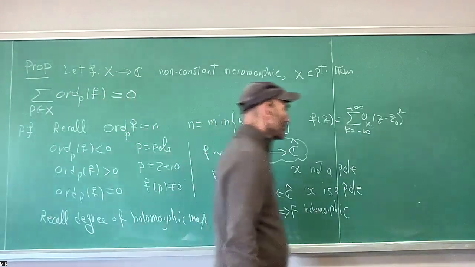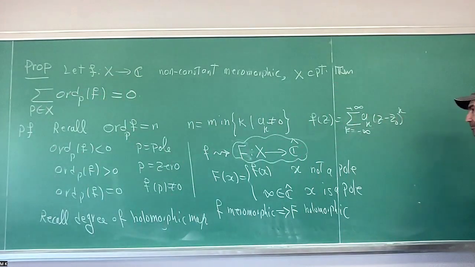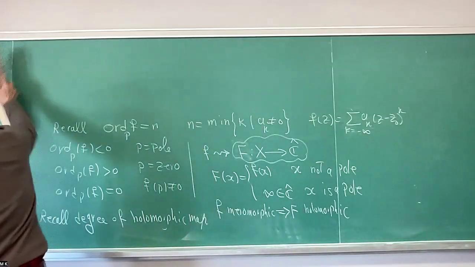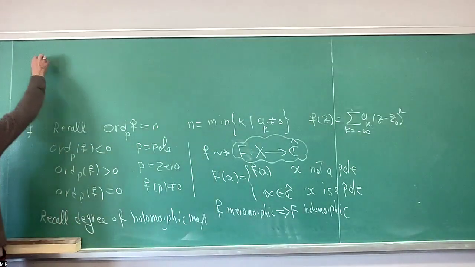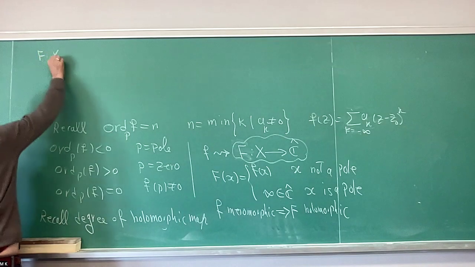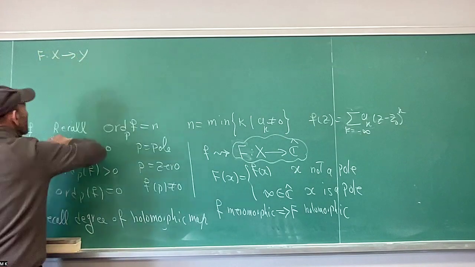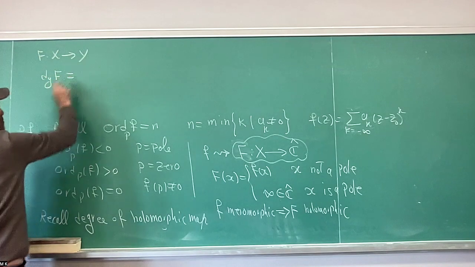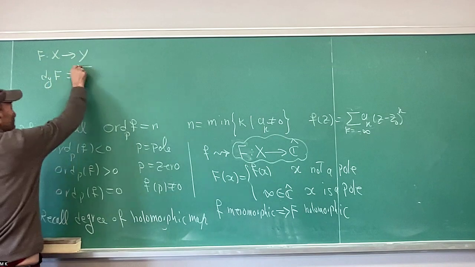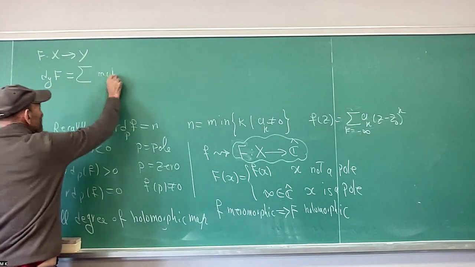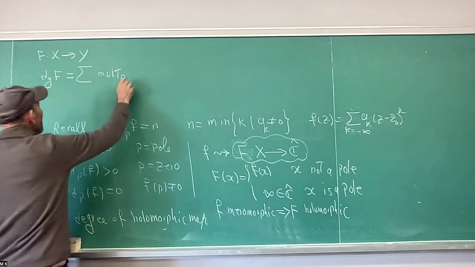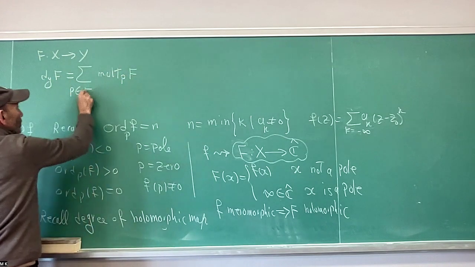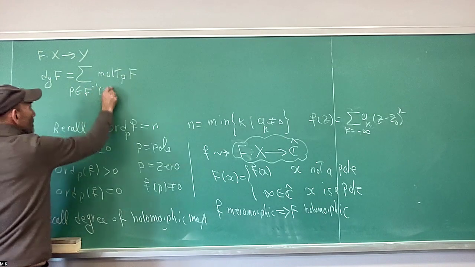How did we define the degree? Remember, we defined the degree by the following formula. Let's recall in general, f goes from X to Y. We define d_y of f to be the sum of the multiplicities at p of f, where p belongs to f inverse of y.